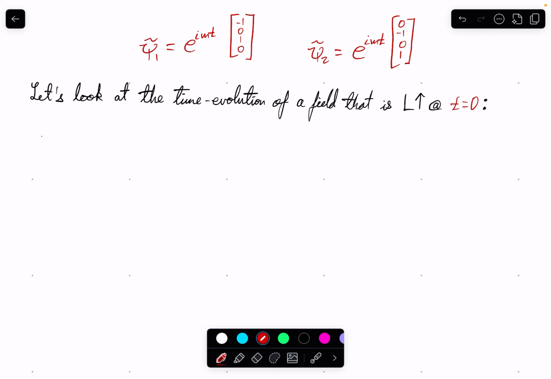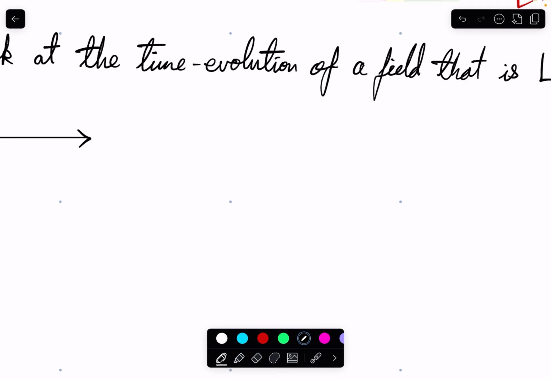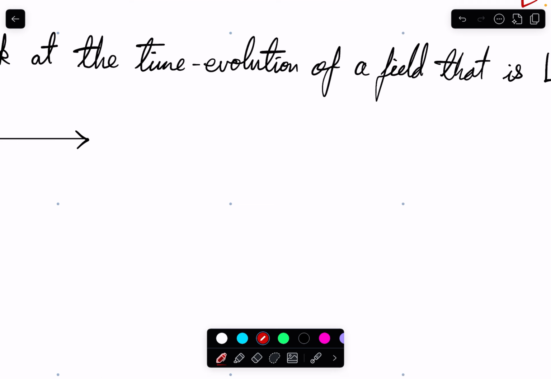So if we have time equal to 0, then we have that C of 0, so time equals 0, is just the spin up component for left-handed particles.